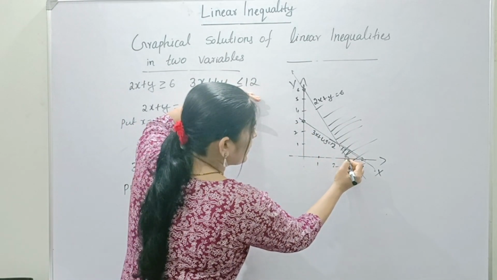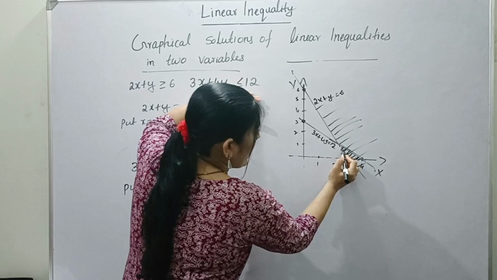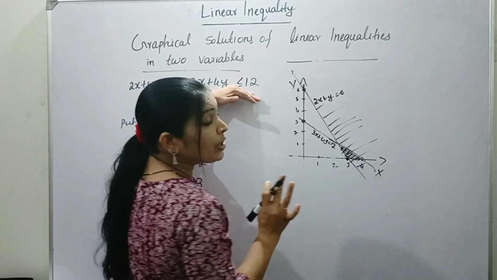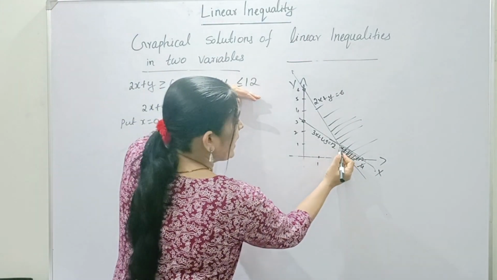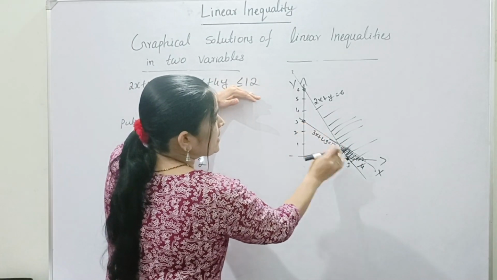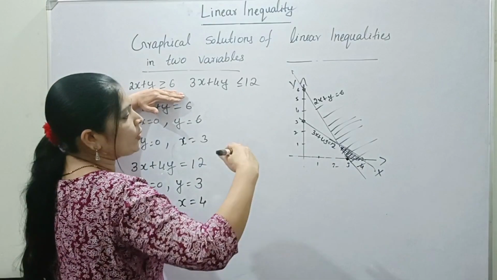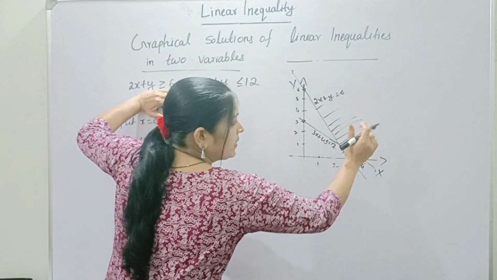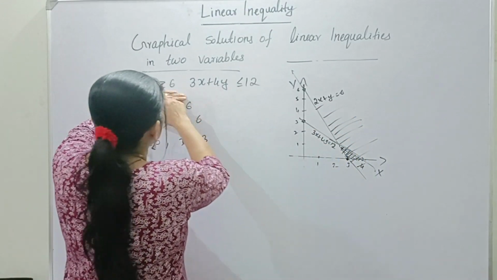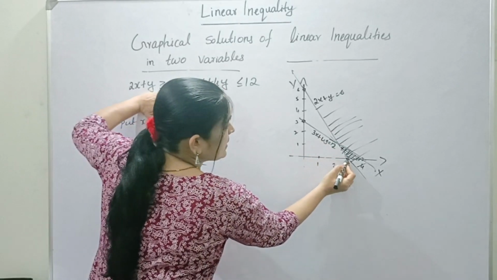So here it is the intersection region of this line and this line, isn't it? Because it is greater than or equal to 6, it is out of the line 2x + y = 6, which is this line.